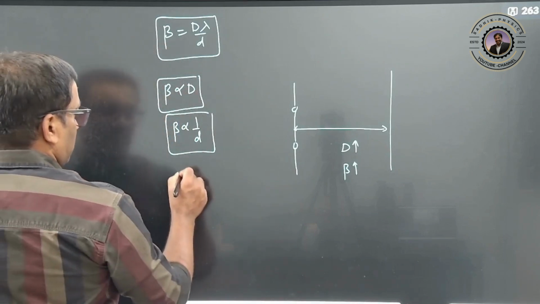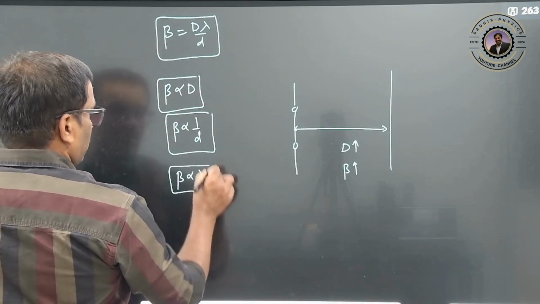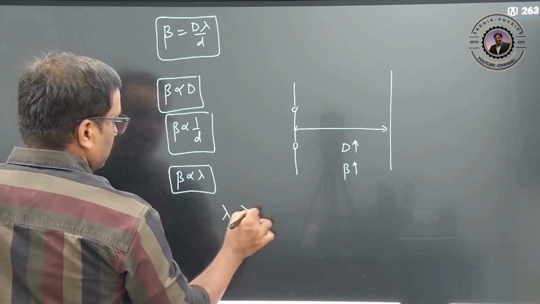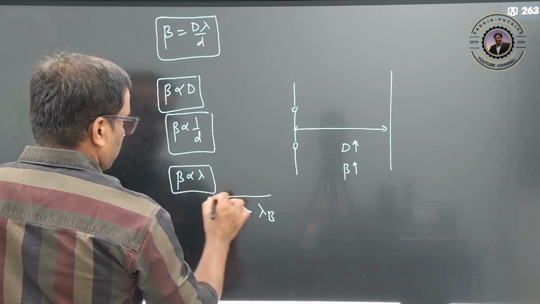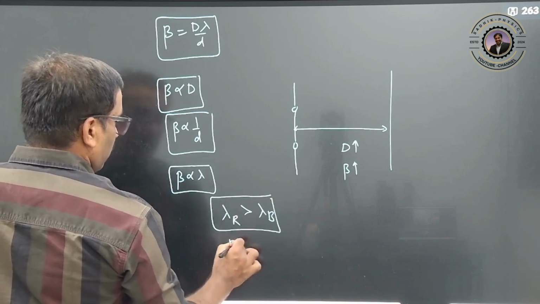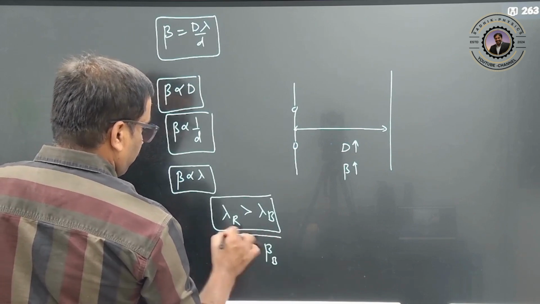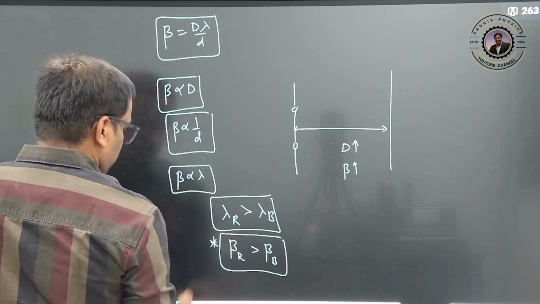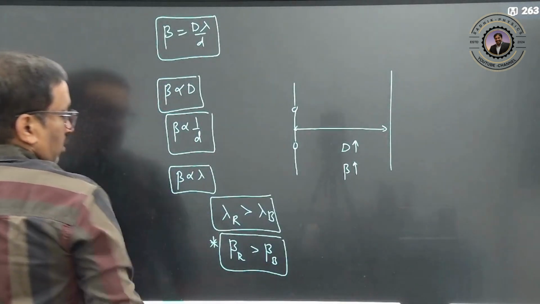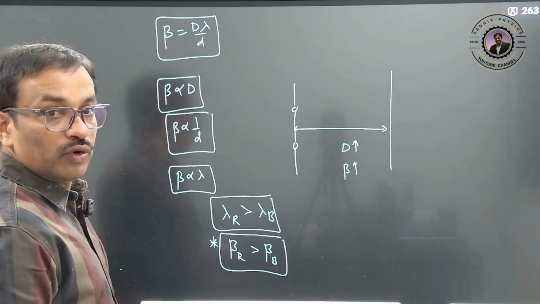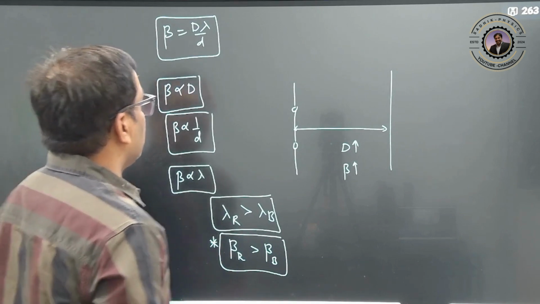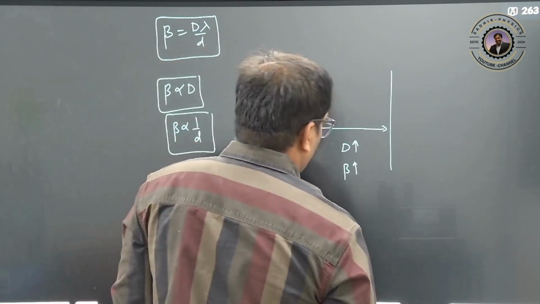And beta is directly proportional to the wavelength now. You know that the wavelength of red color is greater than the wavelength of blue color. So therefore fringe width for red color will be greater than fringe width for blue color.